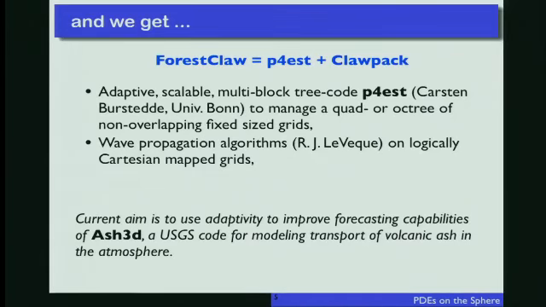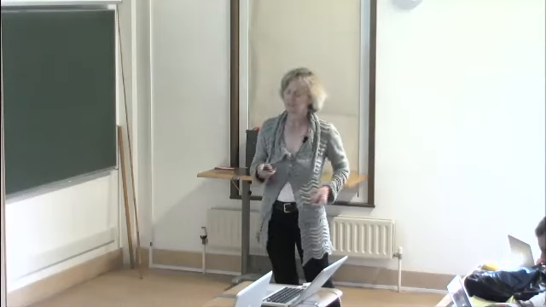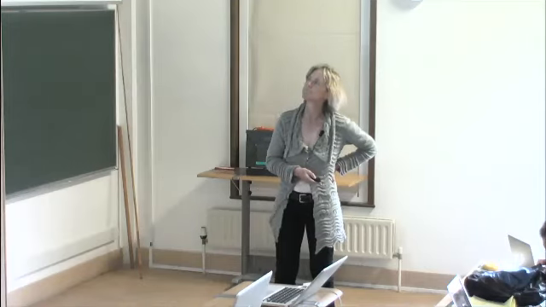Wave propagation algorithms that I had some familiarity with, on mapped Cartesian grids. And the application target: the aim is to improve the forecasting capabilities of ASH3D, an existing code that this USGS group in Vancouver, Washington has for modeling the transport of volcanic ash. And this particular model is quite well suited to AMR.